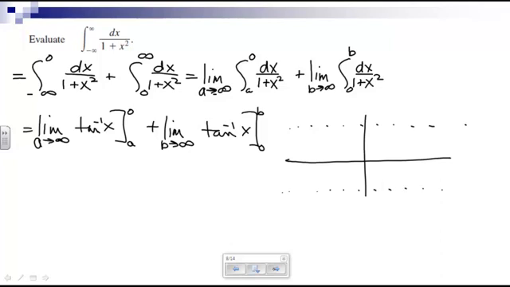I don't think so. So it's between what and what? That's not, no. Well, what is that number?